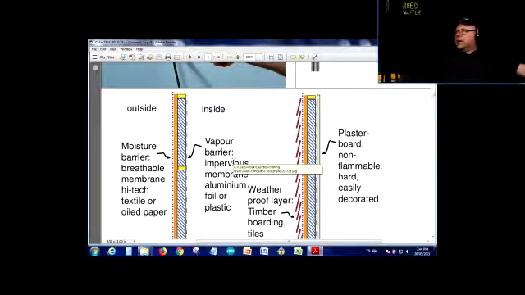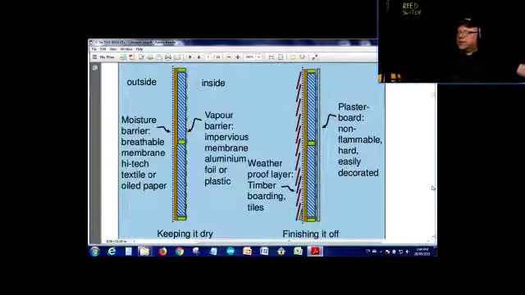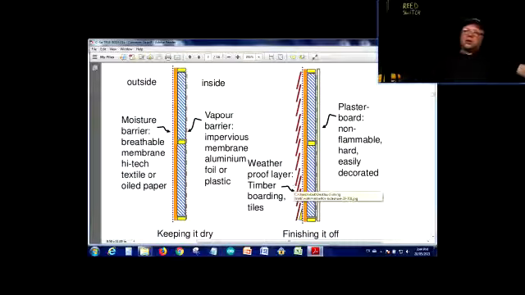Okay? So a very important thing is to understand what the exterior wall is, and what to do and what not to do as far as the exterior wall. Right? So here's the outside, here's the inside, and here is a wall. All right. Got it? Got it. Okay, you're expert now.